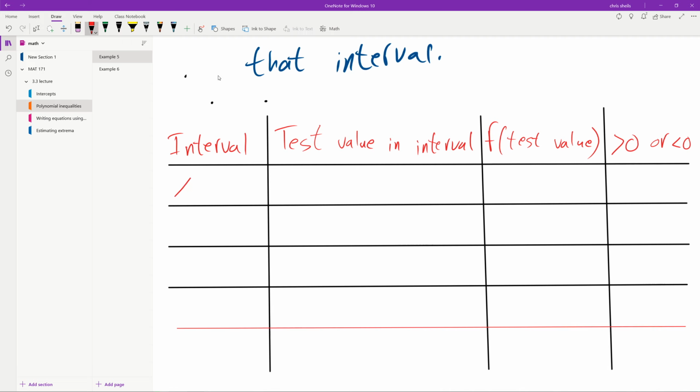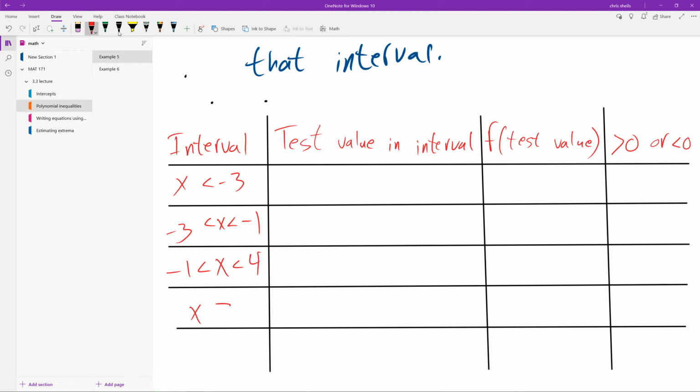I'm going to have x is less than -3. x is between -3 and -1. x is between -1 and 4.